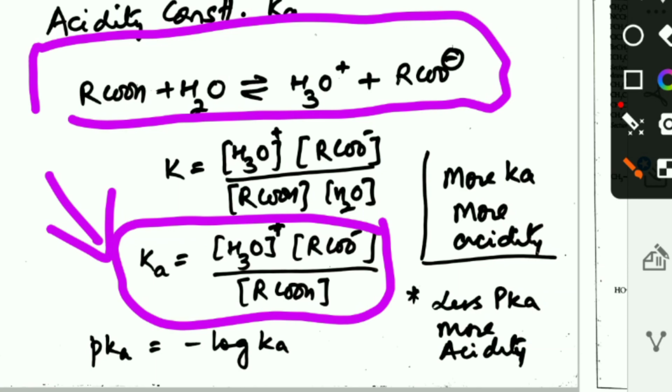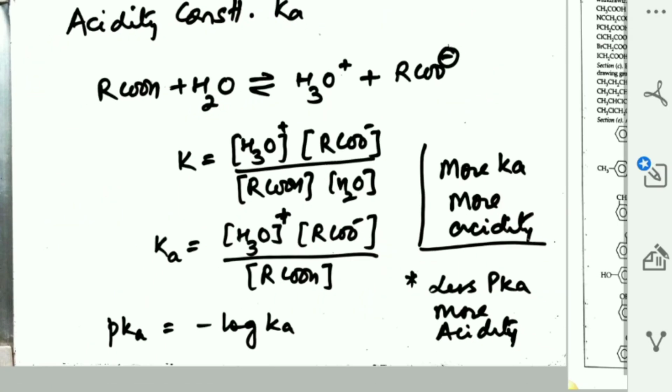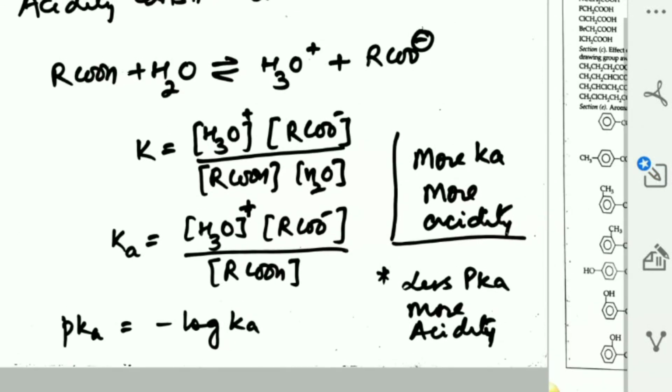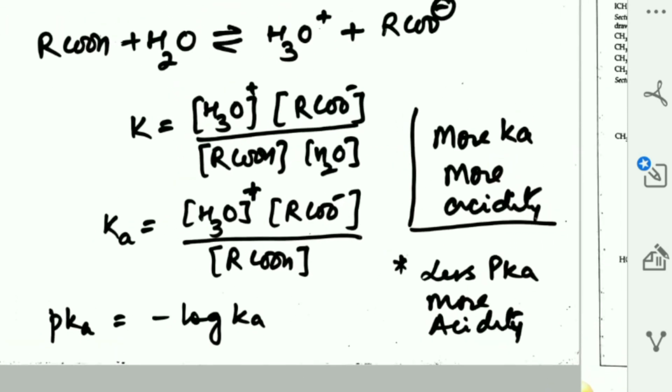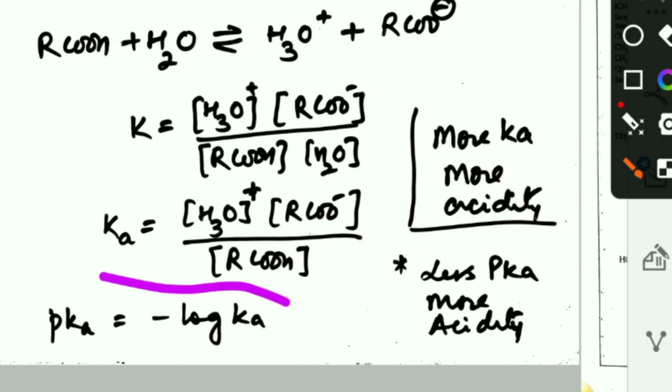Ka will be the acidity. And these acidity values come in the range of 10 raised to power minus 4, 5. So to make it simpler, we take another value, that is the pKa, which is the negative logarithm of the Ka values.